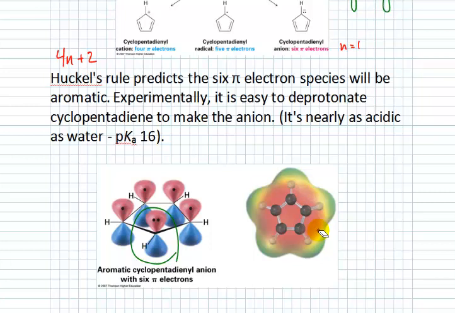Cyclopentadiene is really very acidic. It's pretty much one of the most acidic hydrocarbons that there is. It's almost as acidic as water, pKa of around 16. So hydroxide even will deprotonate cyclopentadiene to some extent.